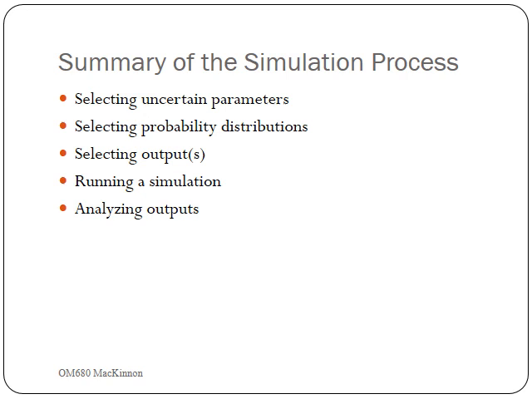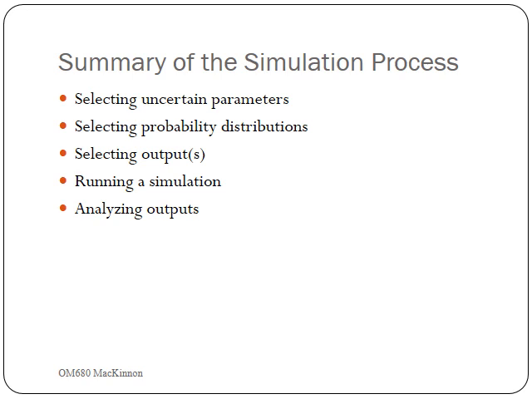So, the summary of the simulation process: we figure out what parameters are uncertain. We decide what kind of probability distribution they will take. If you're a mathematician, you can decide this yourself, or you might get this from your data analysis people.